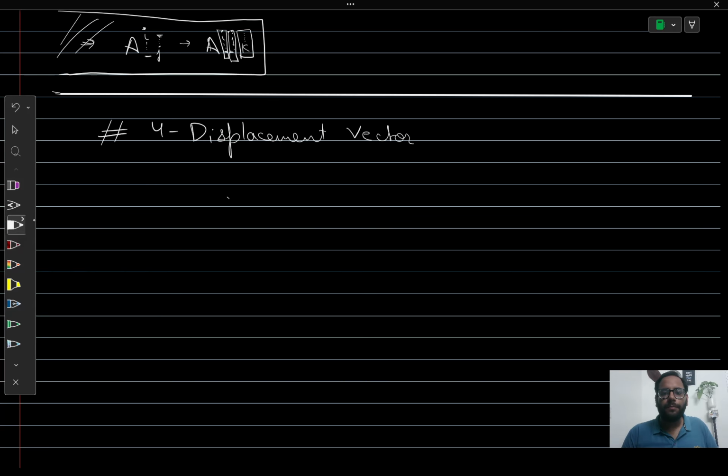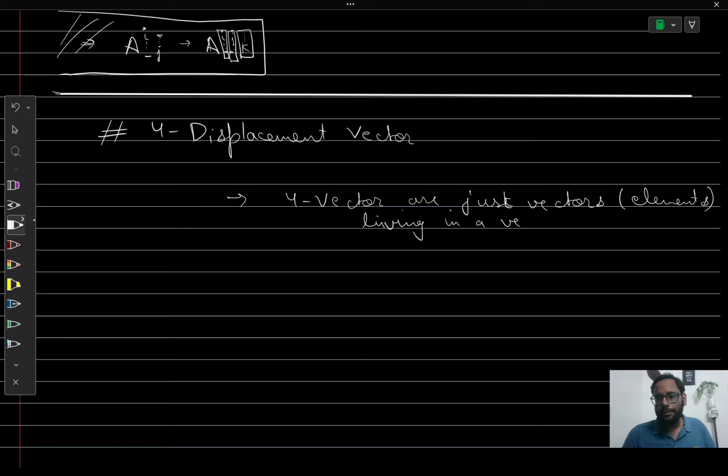Okay, so four vectors are just vectors, or say elements living in a vector space of dimension 4. Okay, so this is a 4 vector, and it is a particular type of 4 vector, that is displacement vector.